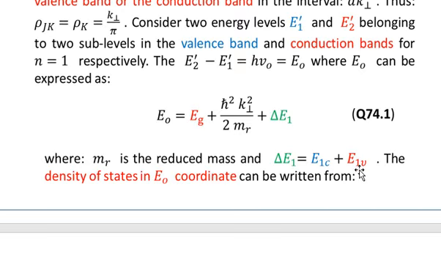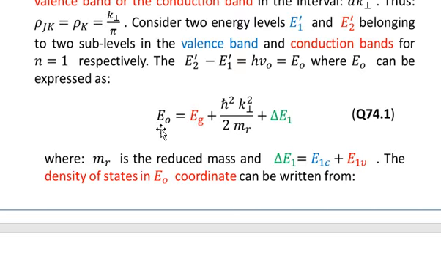So you are measuring the energy from a state in the valence band to the top of the valence band, that is E1V is the energy in the valence band, plus you will add up the energy of the band gap, which is Eg. So E1V plus Eg plus E1C will give you the energy in the conduction band, and h bar square k perpendicular square over 2 mr is the energy of the electron in that state.